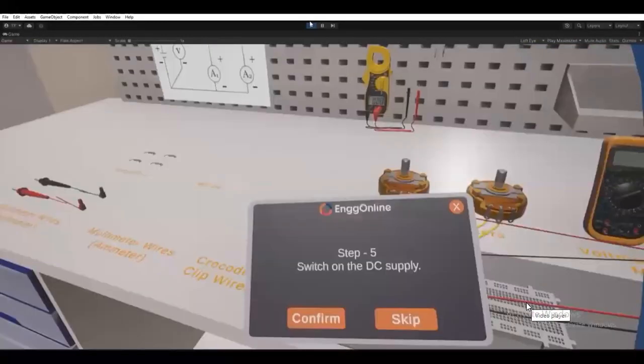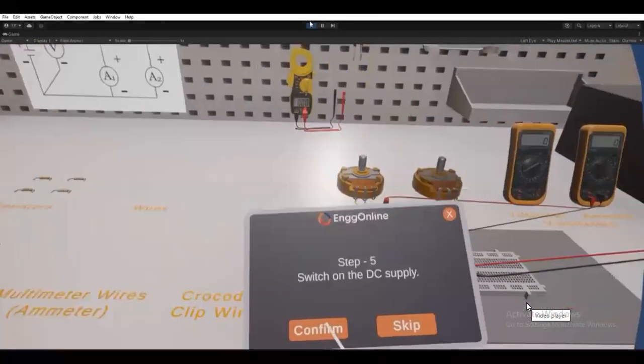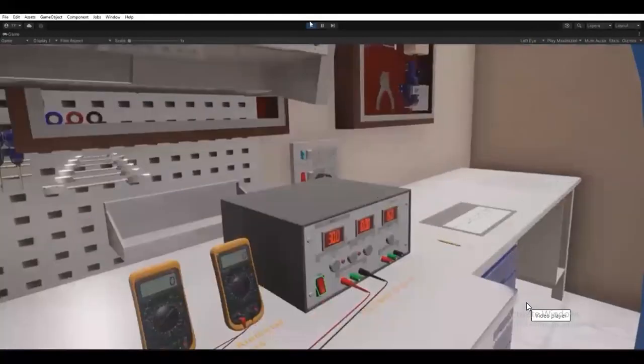Step 4. Connect DC regulated power supply as per the circuit diagram. Step 5. Switch on the DC supply. Step 6.